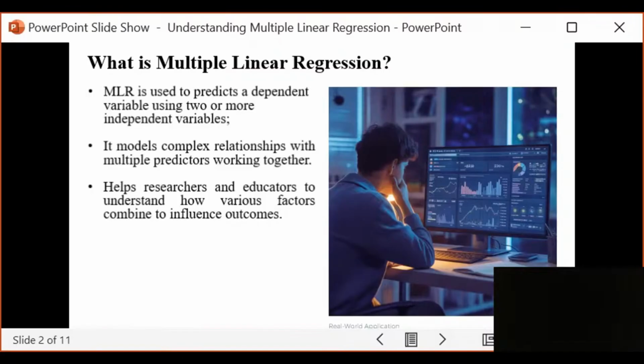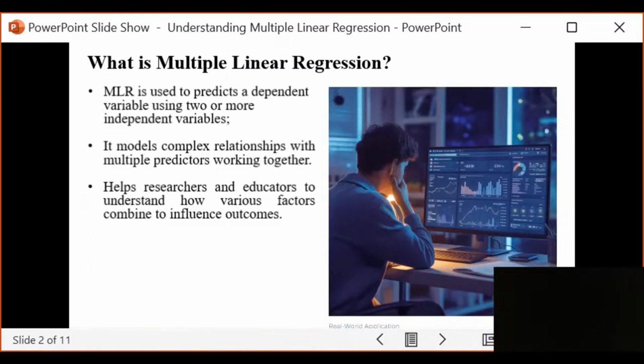It is especially useful when relationships are complex, when variables interact or overlap in their effects. And by modeling these interactions, MLR gives us a clearer and more realistic picture of how different predictors jointly influence the result.